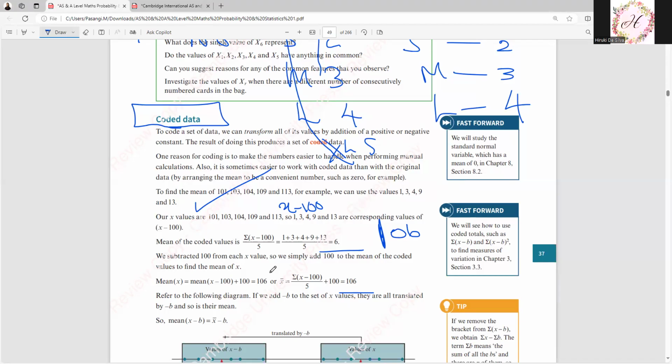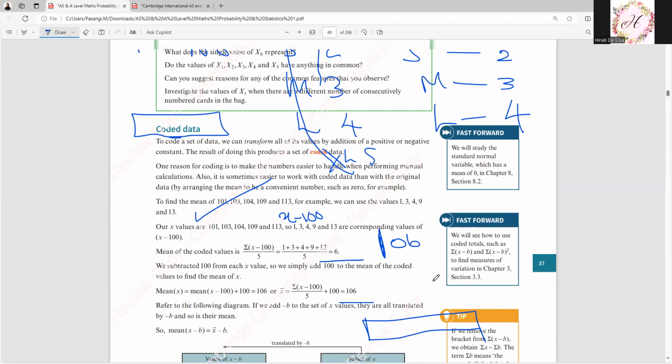This is what we call, can you remember when we calculated frequency tables, we had a method where we select a middle value class as an average, and then calculate the deviations going upwards and downwards?